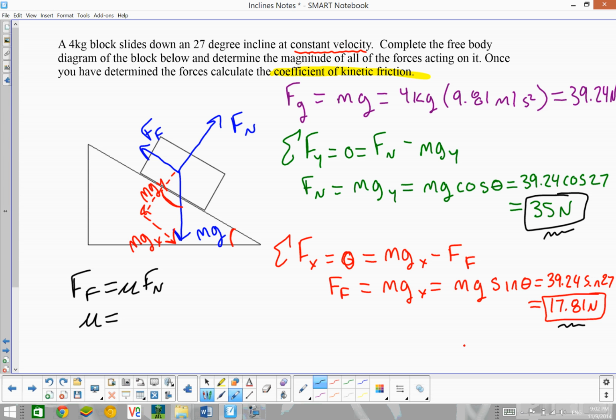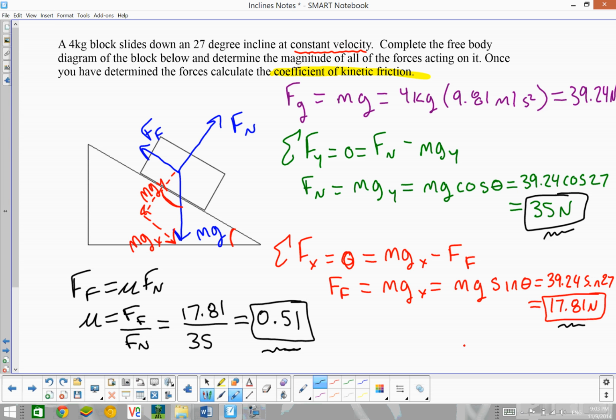Mu is Ff divided by Fn, and then sub in for each value. 17.81 divided by 35. And it looks like we have a mu value in this example of 0.51. Now remember, mu has no units, it's just a coefficient, so it's just a number.